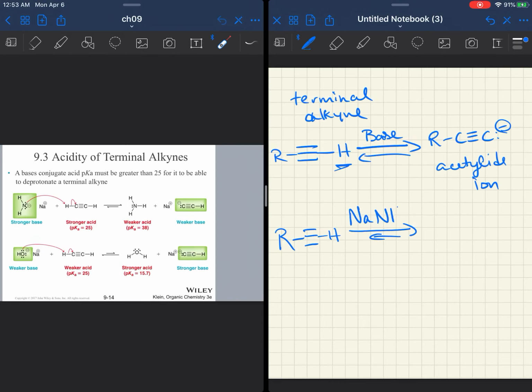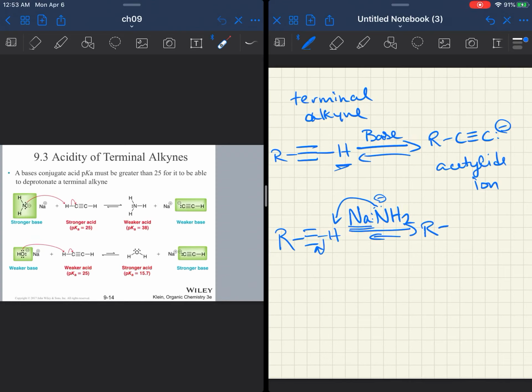So when we are trying to remove a proton, and you may see equilibrium arrows here, you may not, you're going to see NaNH2. So just like you saw with NaOH or NaOCH3 or NaBr, all this is your counter ion, right? The sodium is there, but it is not part of the reaction.